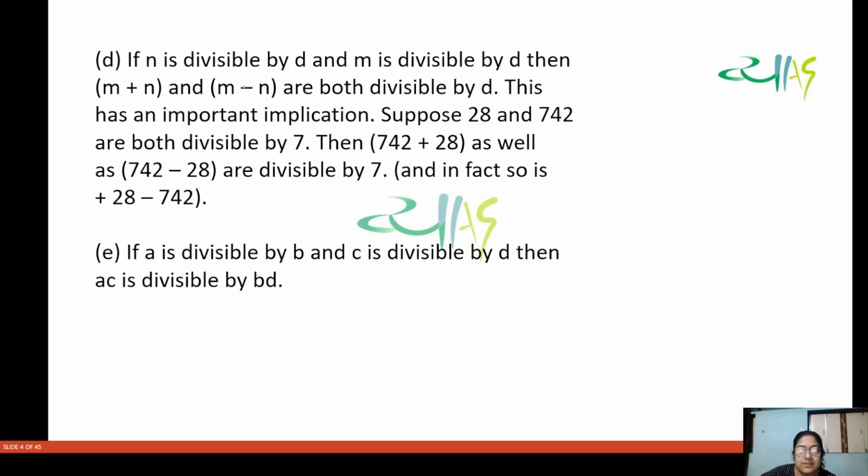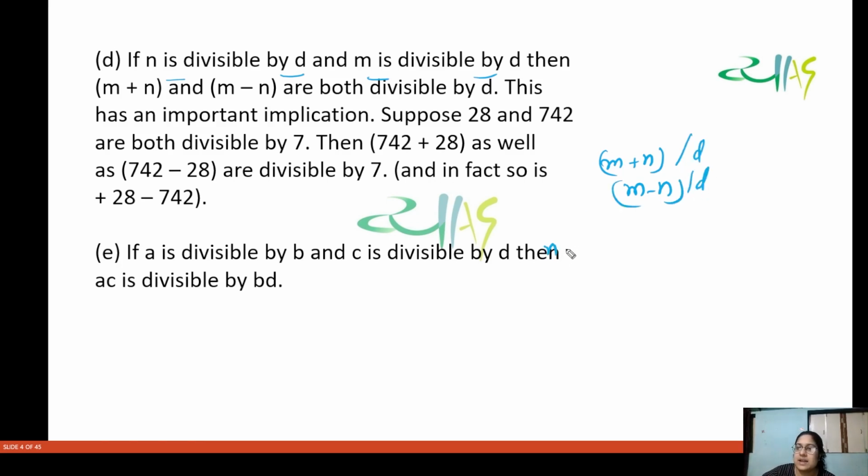Now see this concept. Let's say we have a number n and it is divisible by d, and m is divisible by d, then m plus n and m minus n both are divisible by d.